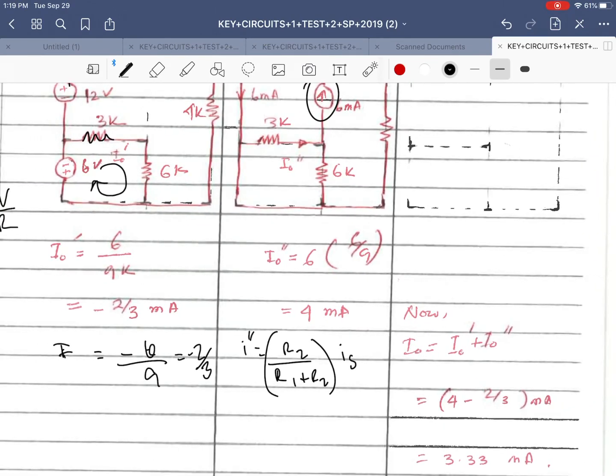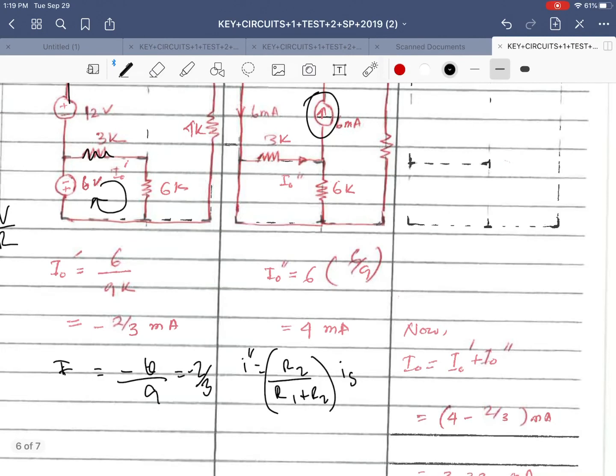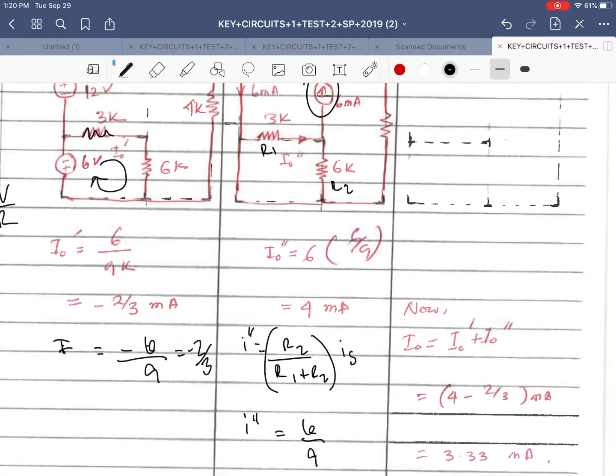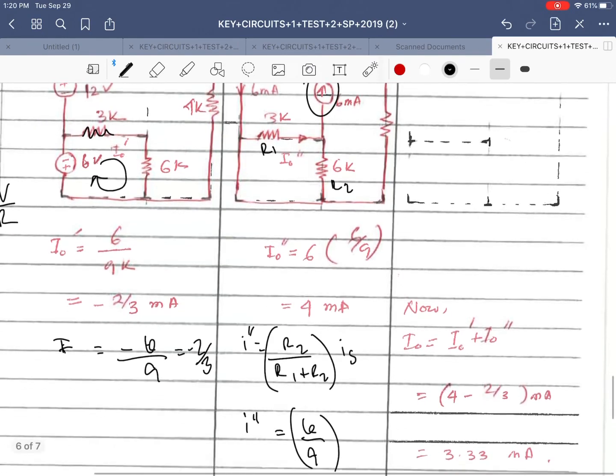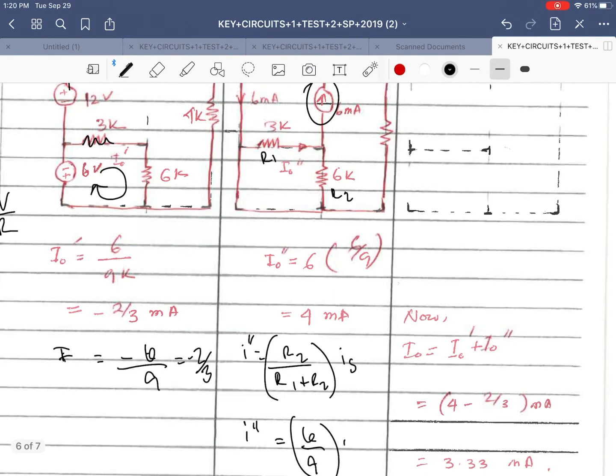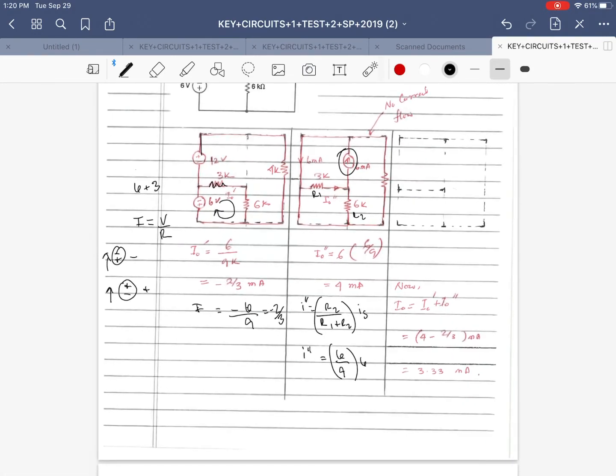Okay, so let's say that this is R2, this is R1, and so I double prime is equal to 6 over 9 plus the source, which is 6, because we just added that back in, and so that's how that equals 4.